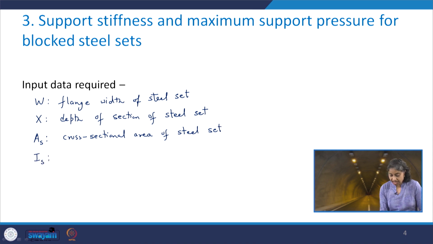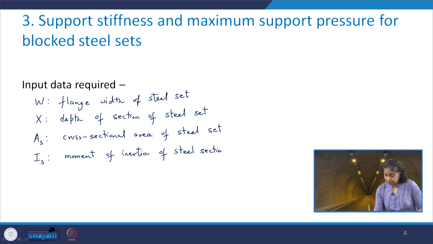Then we have IS, which is the moment of inertia of steel section. Next is sigma ys, the yield strength of steel, and we have Ri, which is the tunnel radius.